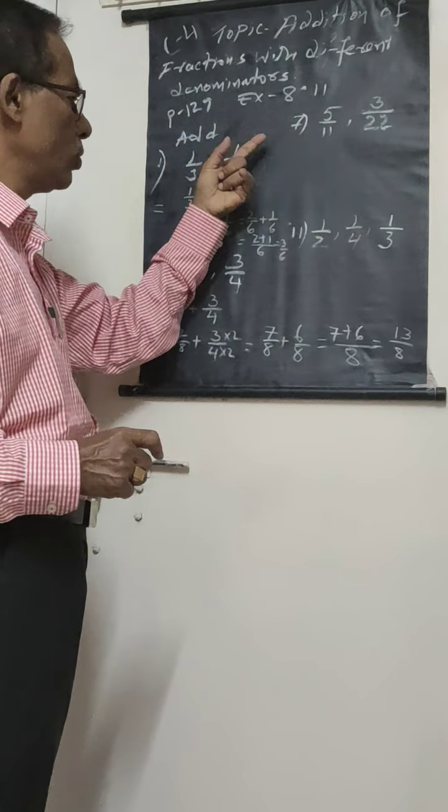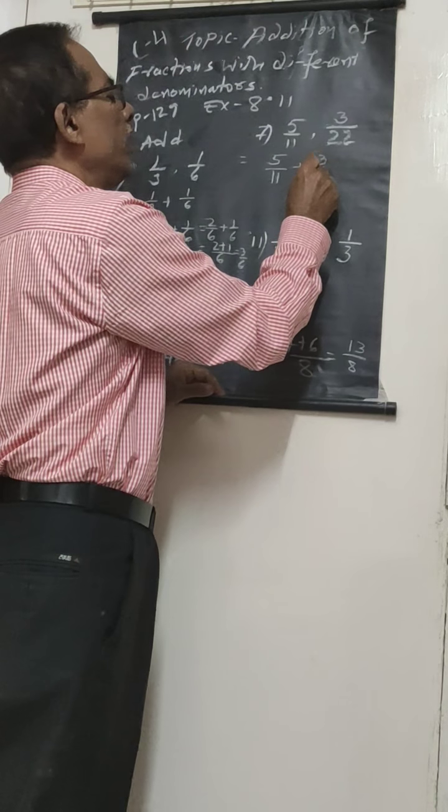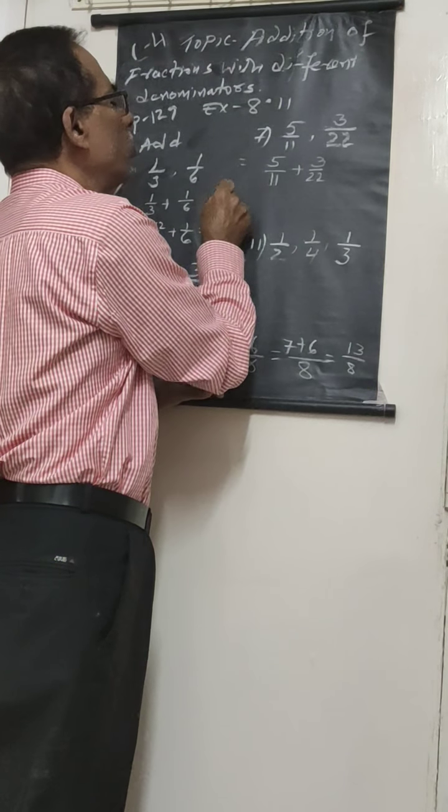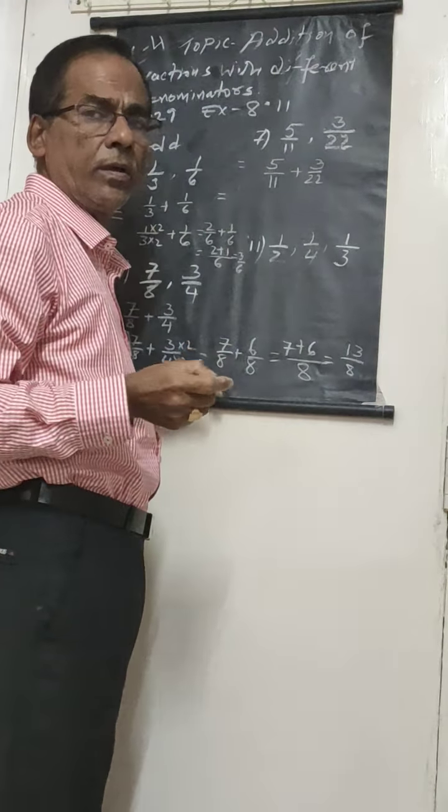Now the 7th sum again, it is 5 by 11 and 3 by 22. So 5 by 11 plus 3 by 22 equals, now by which number do you multiply the 11 to get 22? So by which number? Yes, by 2. If you multiply 11 by 2, then it will become 22.